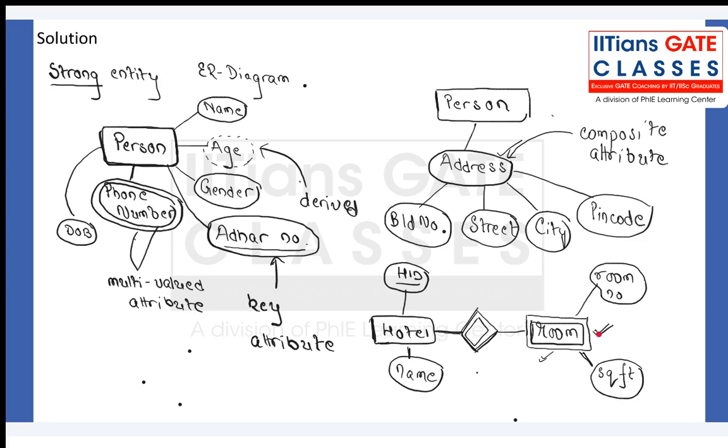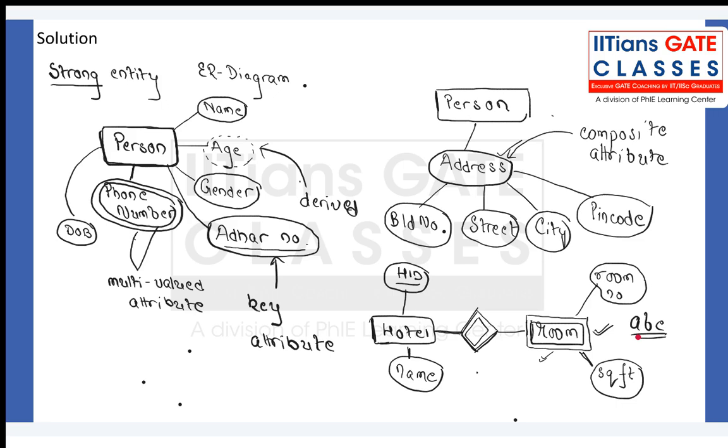If any one of them does not have a hotel ID, will you be able to uniquely identify that room? For example, let's say there is a room ABC. This room does not have a hotel ID. Will you be able to uniquely identify the room?